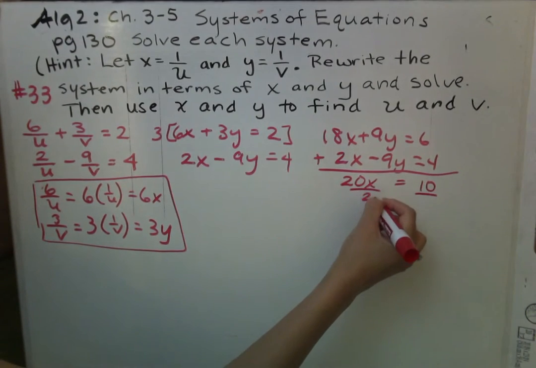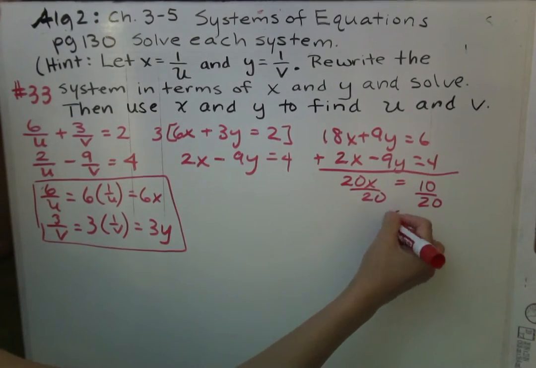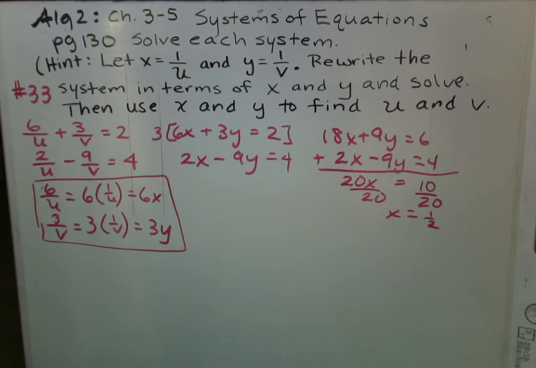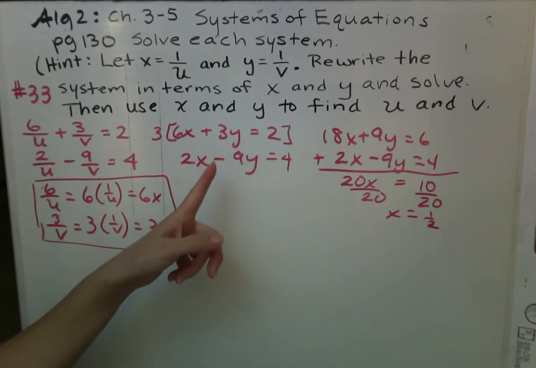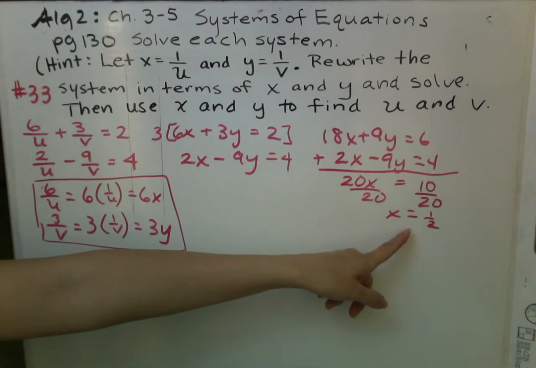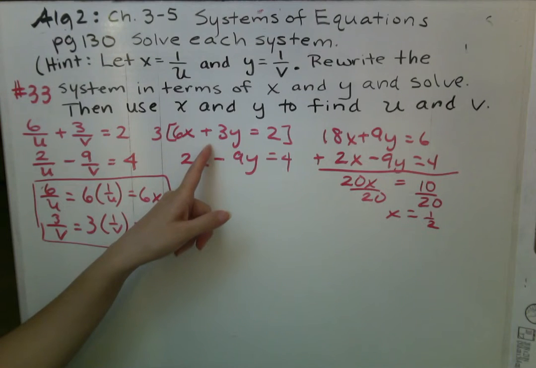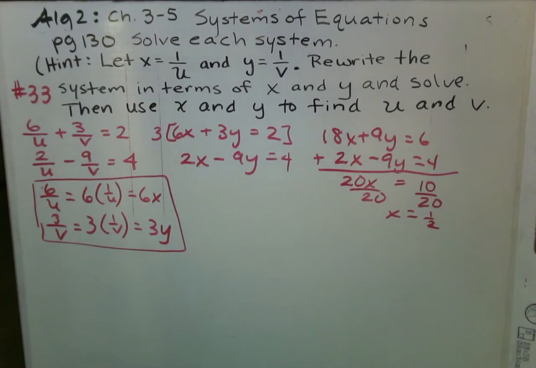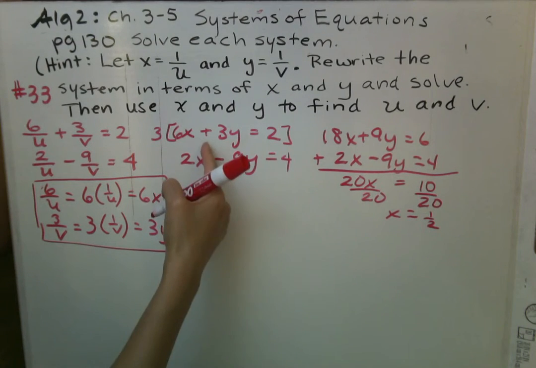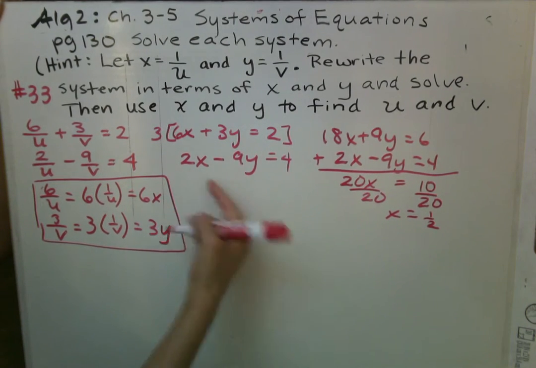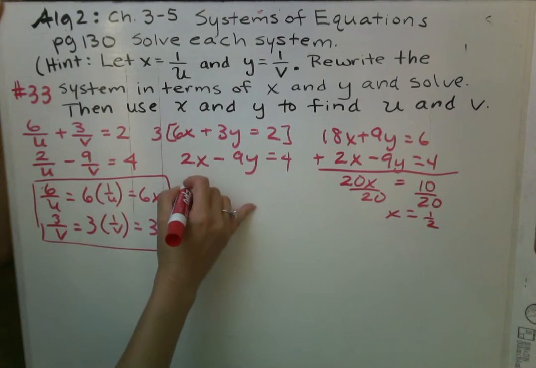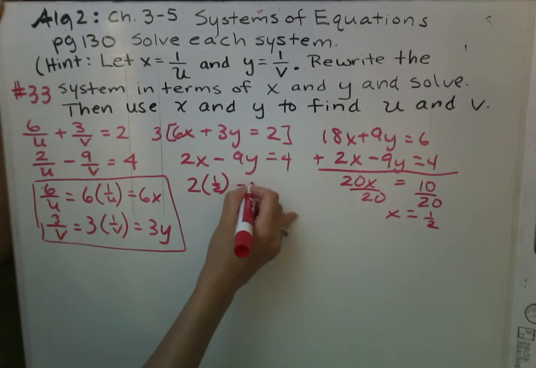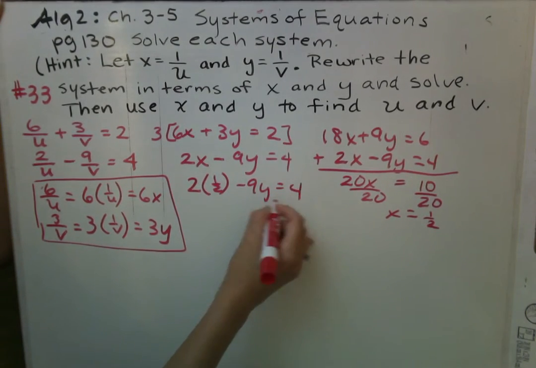We go ahead and divide both sides by 20 because our goal is to get x, and we find that x equals one half. But we're not done yet because we also need to find y. Now you can plug one half into this equation or this equation. Either one should work because the point we're finding has to fit into both equations. So I'll plug it into this equation here. 2 times x, which is now one half, minus 9y equals 4.